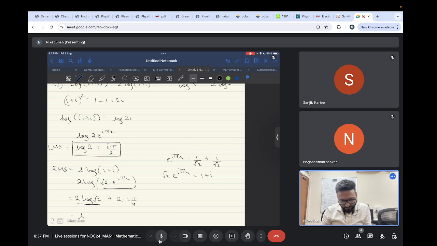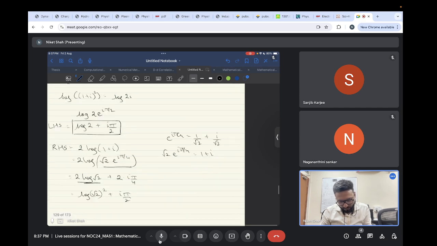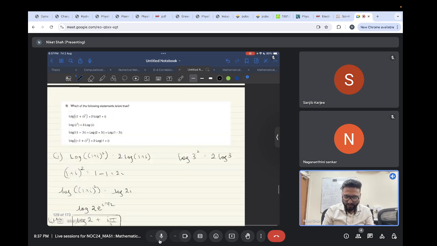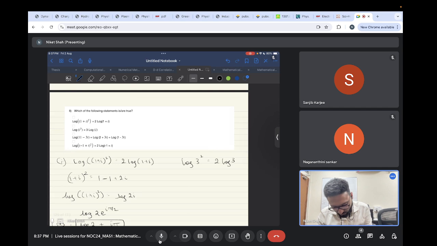So it's basically log of root 2 squared plus i pi by 2, which is equal to log 2 plus i pi by 2. This is my RHS. So clearly LHS equals RHS. So that's why the first statement is correct, right? I hope there is no question here.